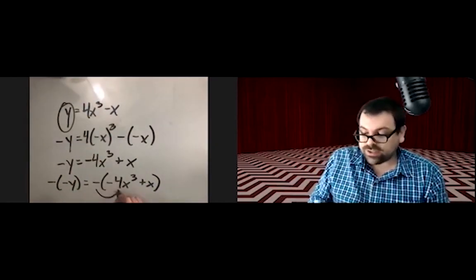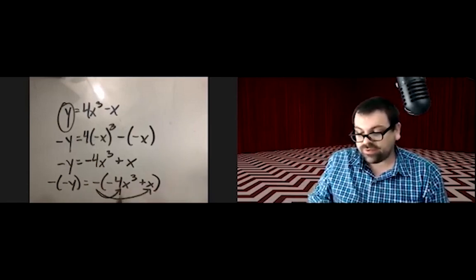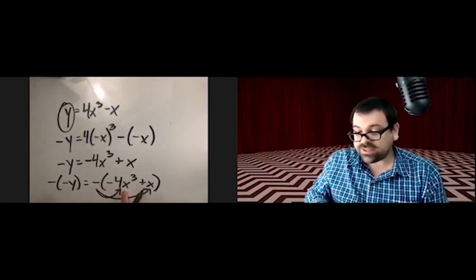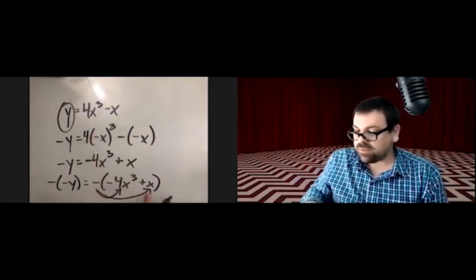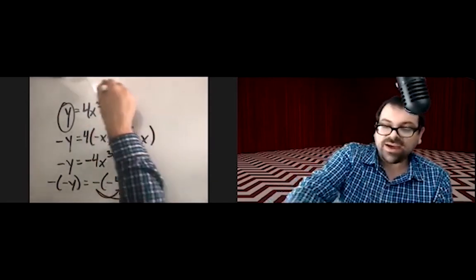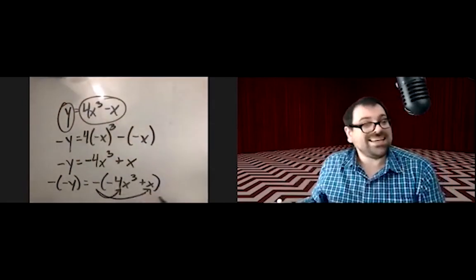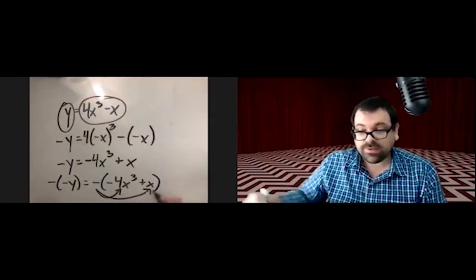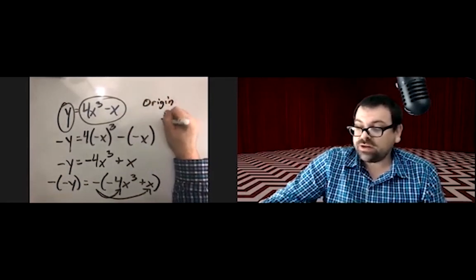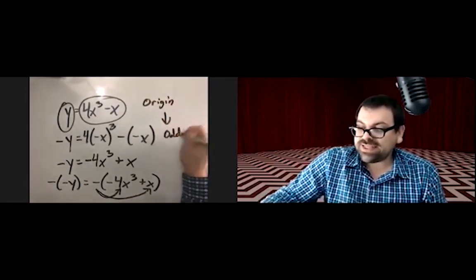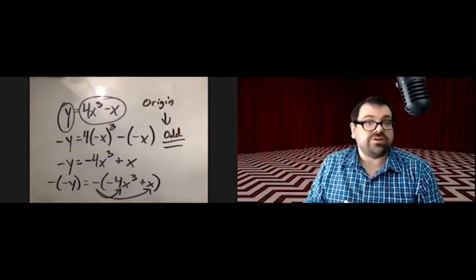On the right, distributing this negative, the opposite of -4x cubed is +4x cubed. The opposite of positive x is negative x. I did get the original back. I do have origin symmetry, which means this is an odd function.